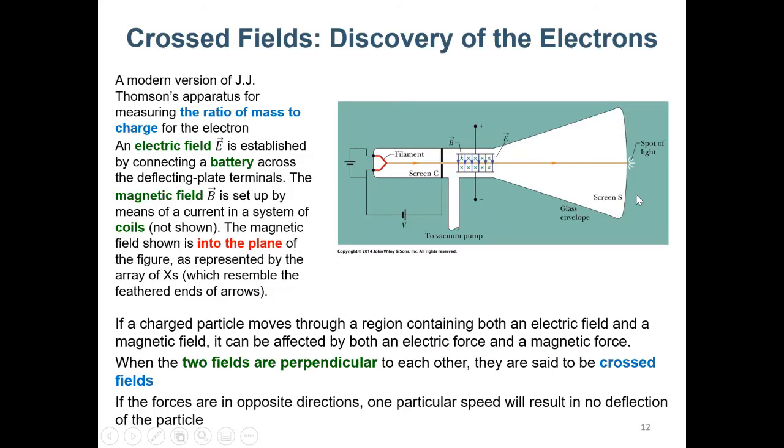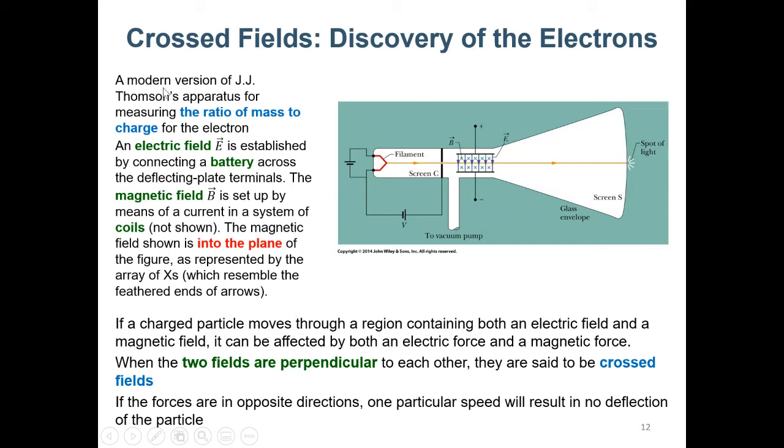Okay, so here we talk about the cross field. Just now I showed you that if we have a uniform magnetic field and an initial velocity perpendicular to the field, then the charge will have a circular movement.